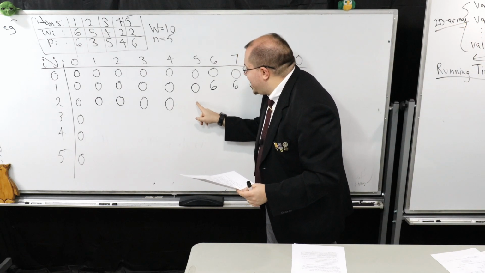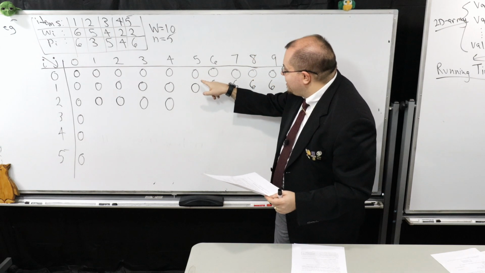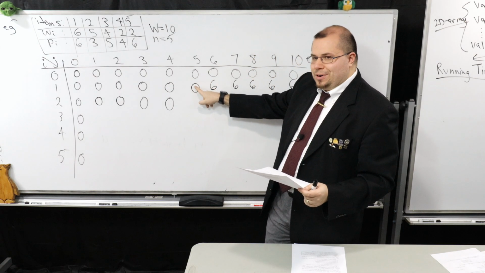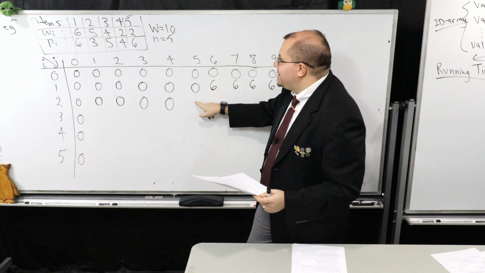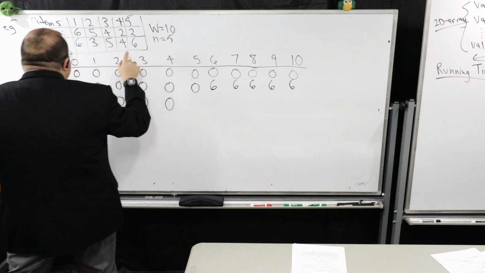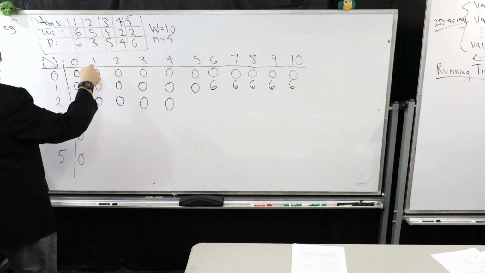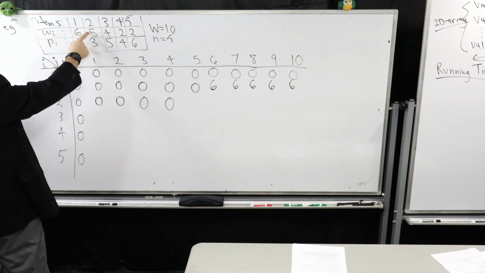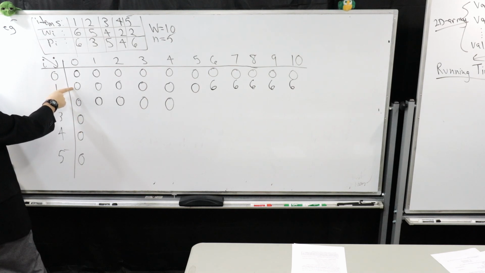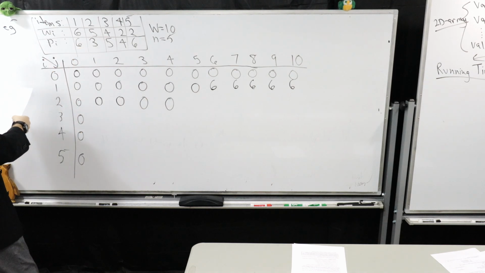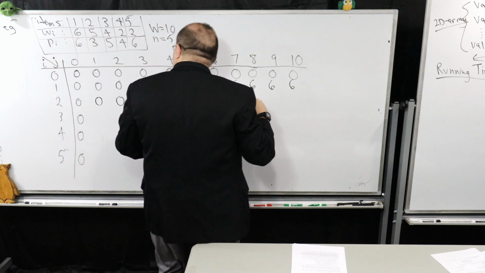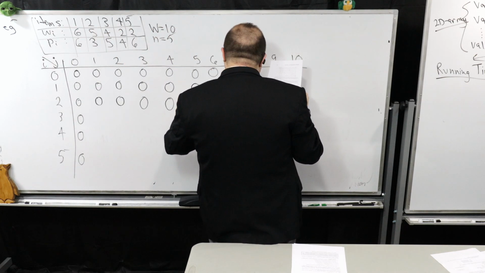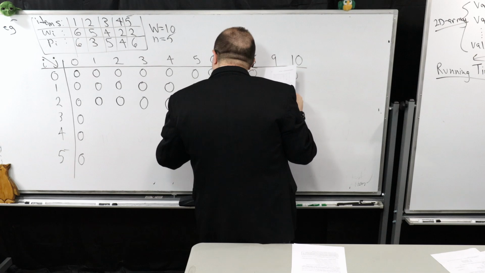Your choices now are either the entry directly above it, which is 0, or this capacity limit minus the weight of that item, which is 5, so this entry, plus the profit of item 2. Well, 3 versus 0, you end up with 3.